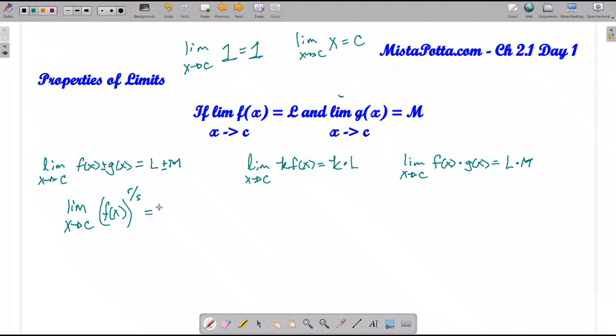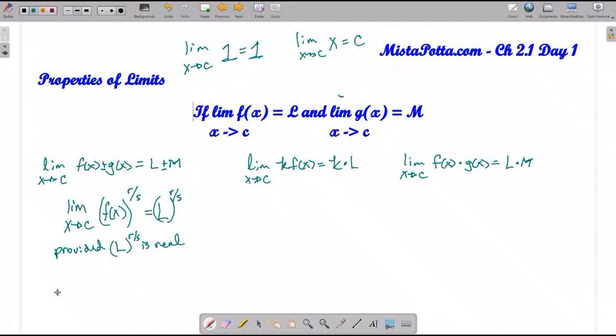And that should be equal to L raised to that same r over s power, provided that L to the r over s power is real.